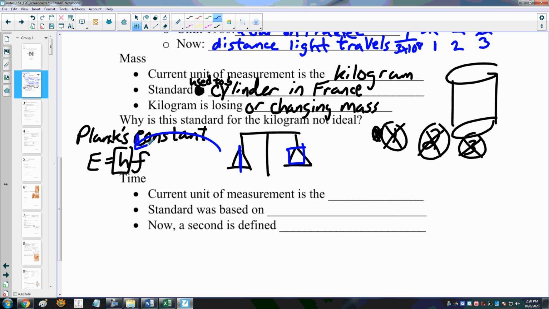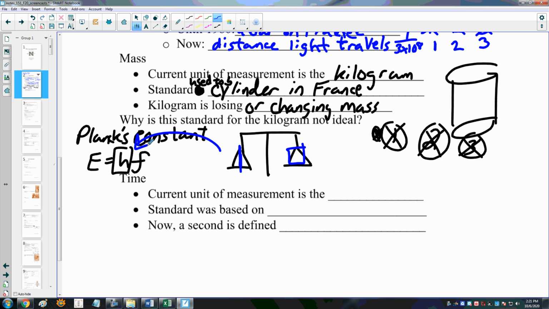So what you need to know about this is, one, that the standard used to be this cylinder in France, an artifact, and that now it is based on a physical constant, Planck's constant. And it actually began with an actual balance, and they put a kilogram, probably the former kilogram, the artifact that they had, and then they convert that mass into a measurement based on Planck's constant.